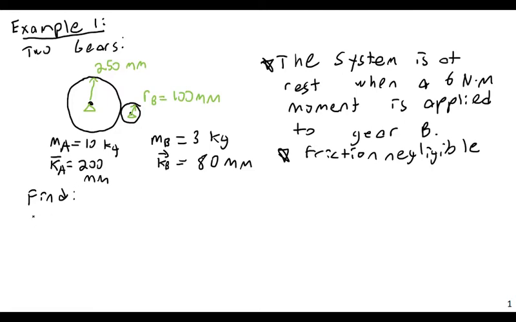Yeah, so this is very similar, perhaps even the same as a previous problem if I remember correctly. I think we actually worked through this problem before in a different way, but this time we're using momentum rather than energy. So find A, the time for gear B to reach 600 RPM.